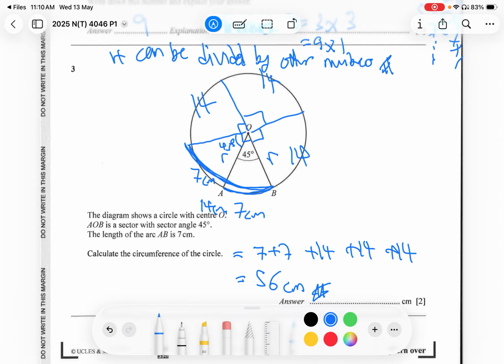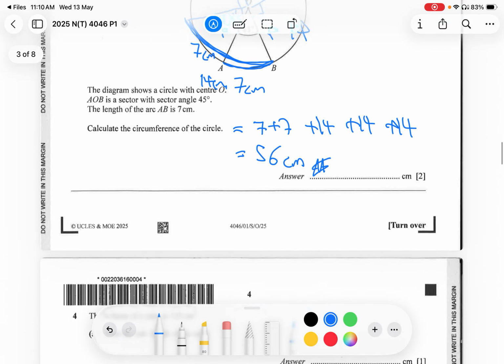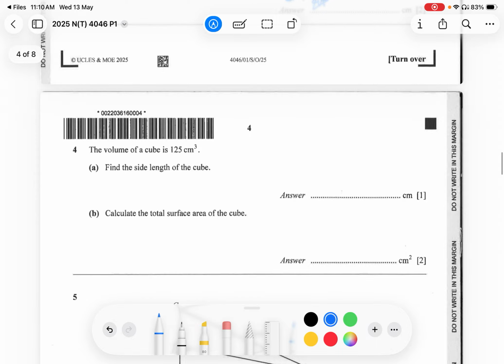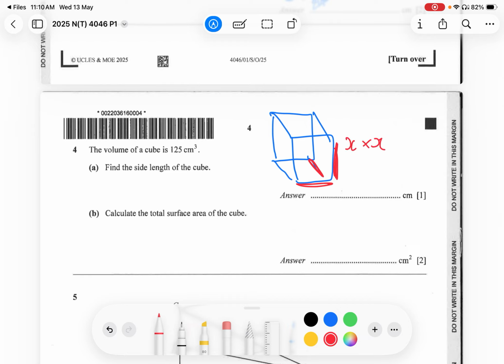Okay for this part. The next one. The volume of the cube is 125. Find the side length of the cube. Now, the cube is like this. Each side is the same length. If this side is x, then x times x times x is 125, right?